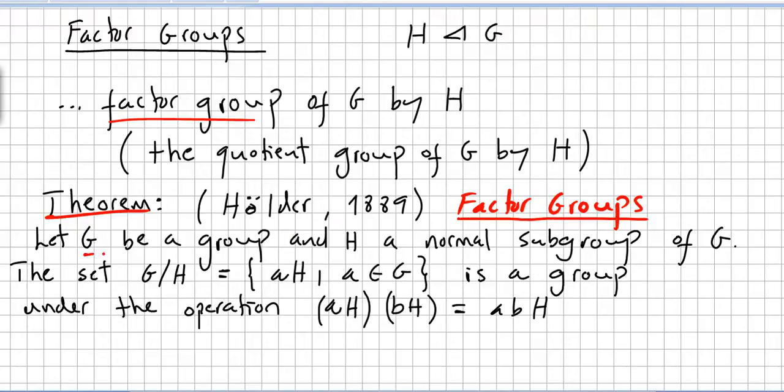Let G be a group and H a normal subgroup of G. The quotient group of G by H, or factor group of G by H, is the set of AH where A is in G, and it is a group under this operation.